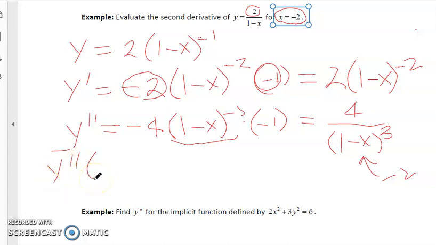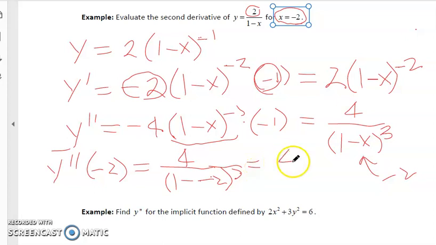So y double prime at negative 2 is equal to 4 over 1 minus negative 2. So that's 3, remember, cubed. And voila, there you go. 4 over 27.